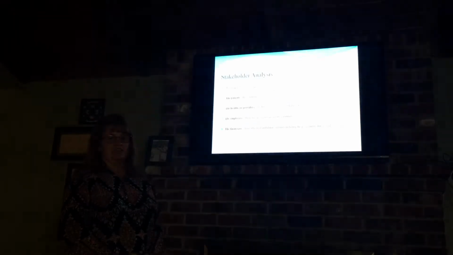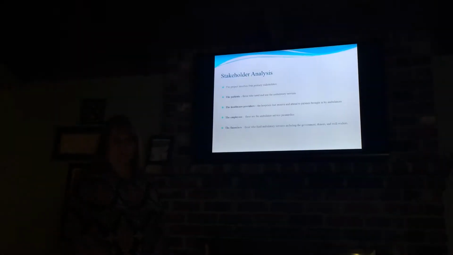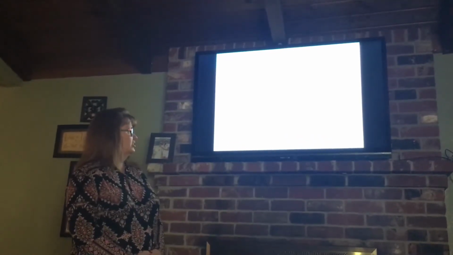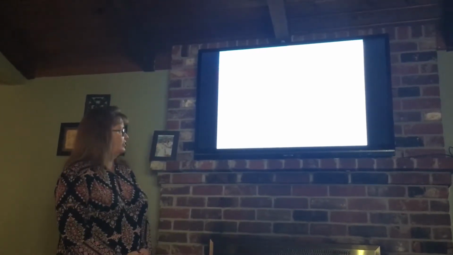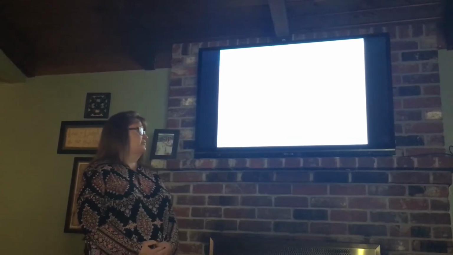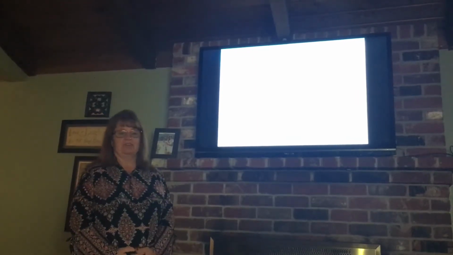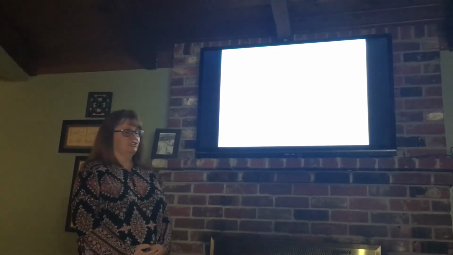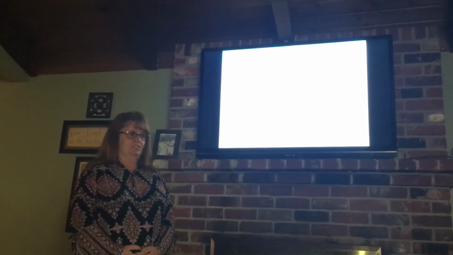Then the employees are those who work for the ambulance service. And then the financial department looks at the cost, and those are the ones that fund the ambulance services, and that can include government, self-insurers, donors, as well as patients.